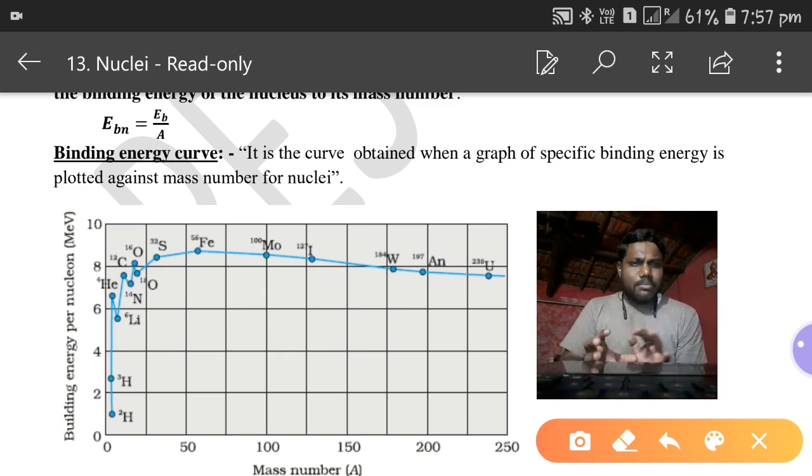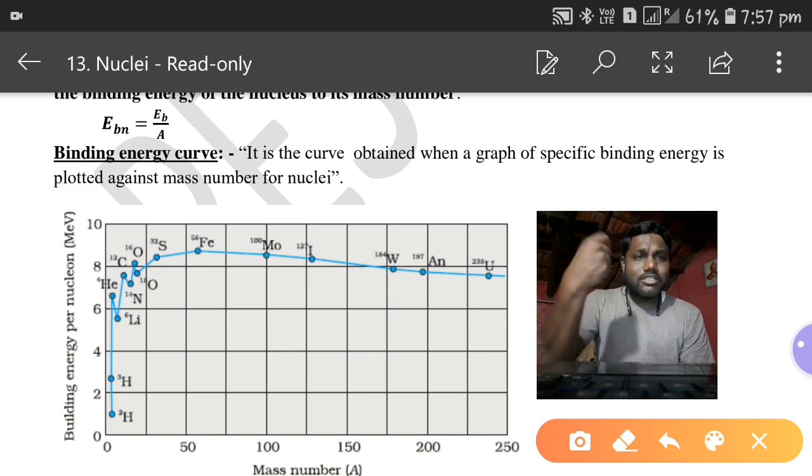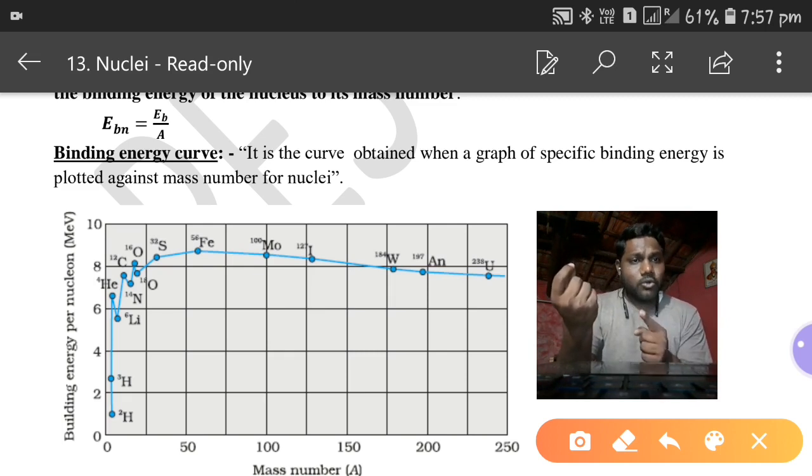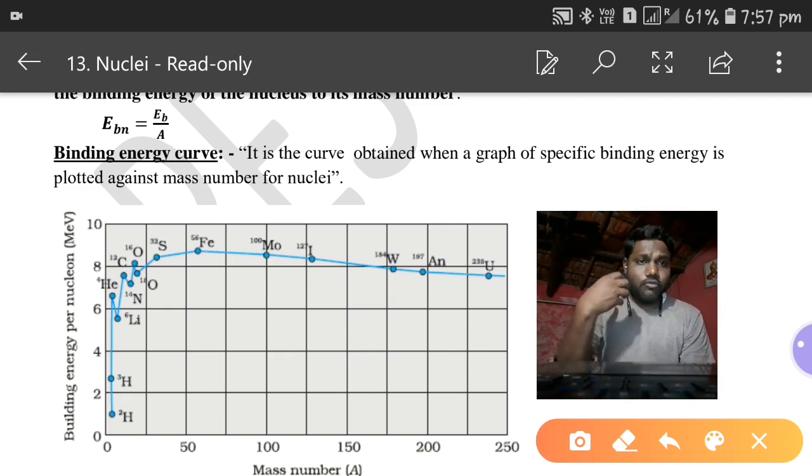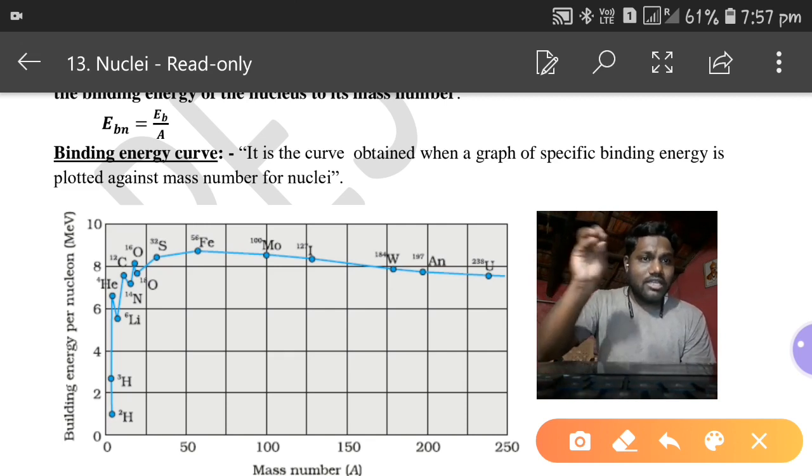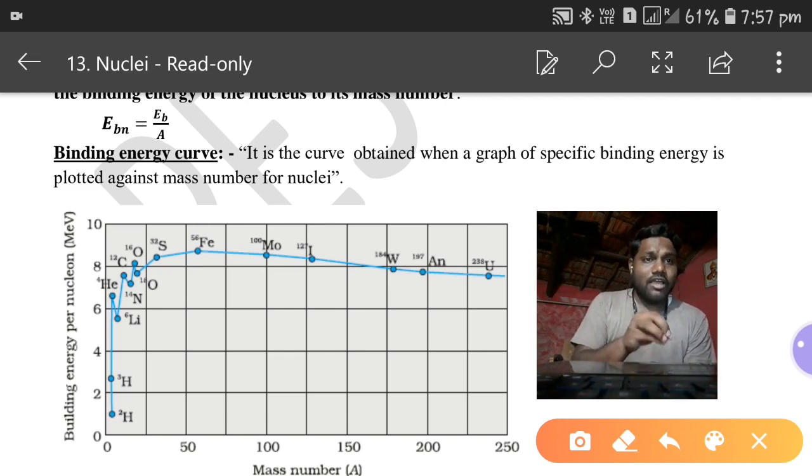So these examples clearly show that in lighter nuclei, the atom with an even number of protons and an even number of neutrons has higher specific binding energy as compared to the atom with an odd number of protons and an odd number of neutrons. So these nuclei are highly stable in nature.